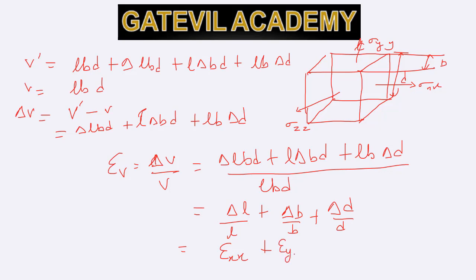So this will be equal to, sorry, not epsilon Y, this will be equal to epsilon ZZ, and delta D by D is the change in depth in Y direction divided by the original depth in Y direction. So this will be equal to epsilon YY. So here we have derived this expression.